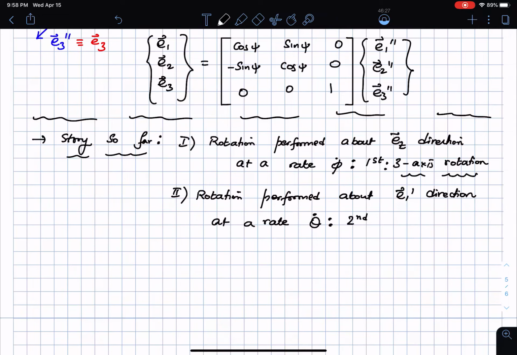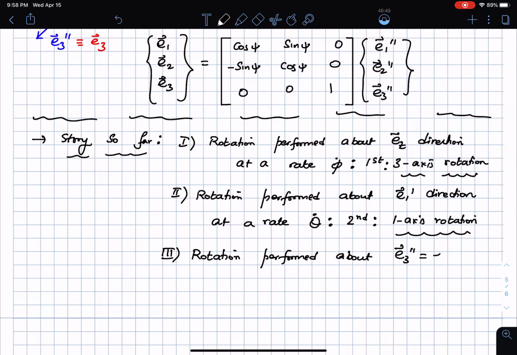It's called a 3-axis rotation. Second rotation, this is a 1-axis rotation. And then the third one is the rotation performed about the E3 double prime, which is the E3 direction at a rate psi dot.